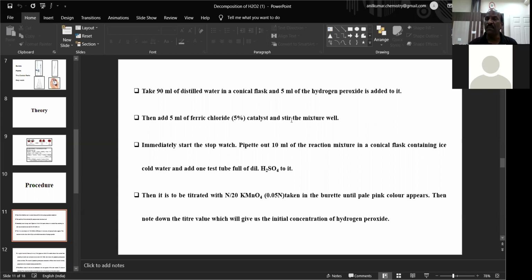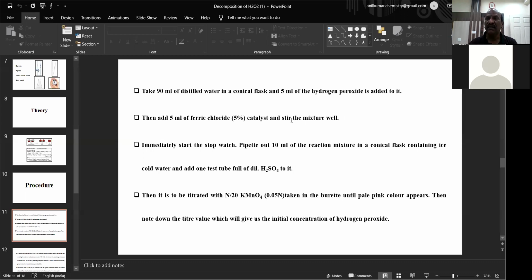Before preparing this reaction mixture, what you have to do is very, very important. First take the burette and clean it, and see that there are no water drops in the burette.